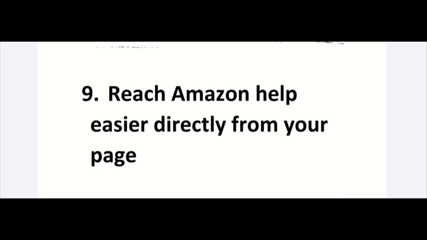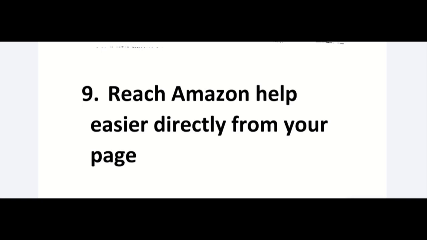Oh, yeah. Okay, so many of you have asked me, how do I get a hold of Amazon? Or, I can't figure out how to reach Amazon. I've tried to reach out, but I can't get through. If you go through your Author Central page to address issues, you will get help a whole lot faster.